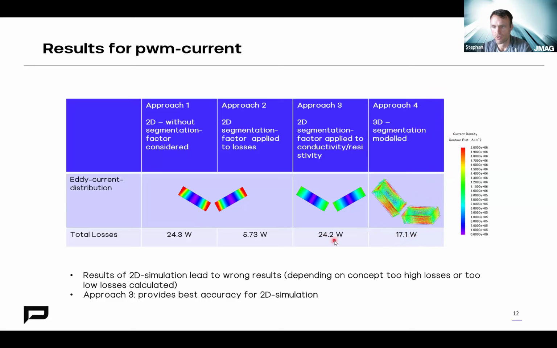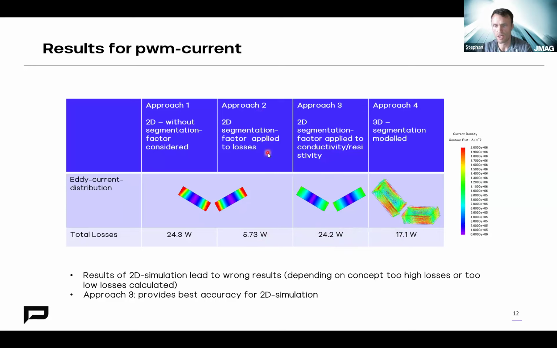And here, approach 3, where we apply the segmentation factor to the resistivity or conductivity of the material, we get an even higher value. We overestimate the eddy current loss in the magnets with the 2D model, but it's quite close to the 3D model. So it's an error of, let's say, 40% or something like this. So this is quite close compared to the value we get with approach 2.